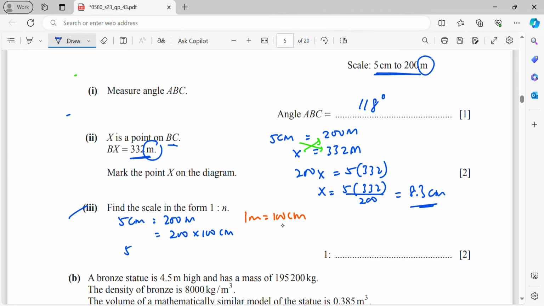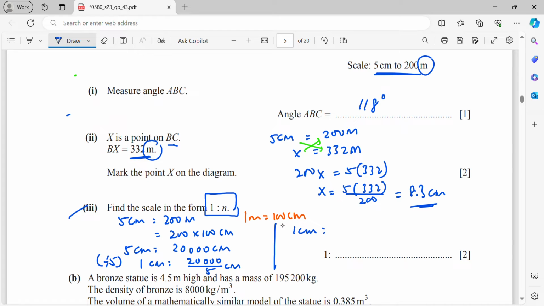That means now here I will say 5 cm is equivalent to 20,000 centimeters. Right? So now you change to 1 to n. Make sure it is in the same unit. So now divide the whole equation by 5. So when I divide by 5, it means this is 1 centimeter to 20,000 divided by 5. So from here, I will get 1 centimeter ratio to 4,000. Okay, so which means 1 ratio to 4,000. So the answer is 4,000 over here.